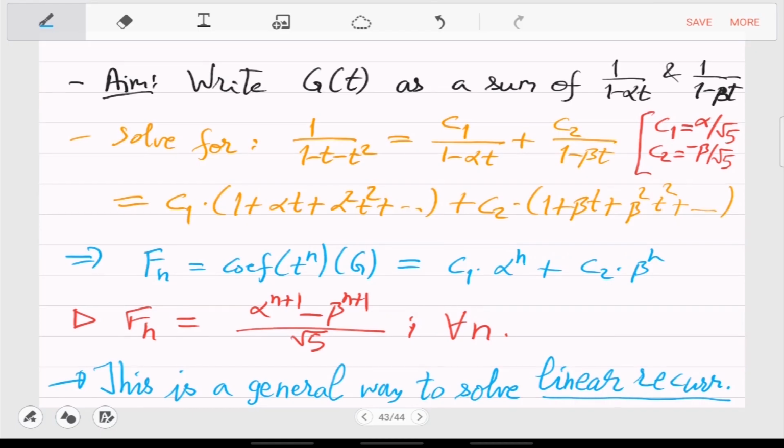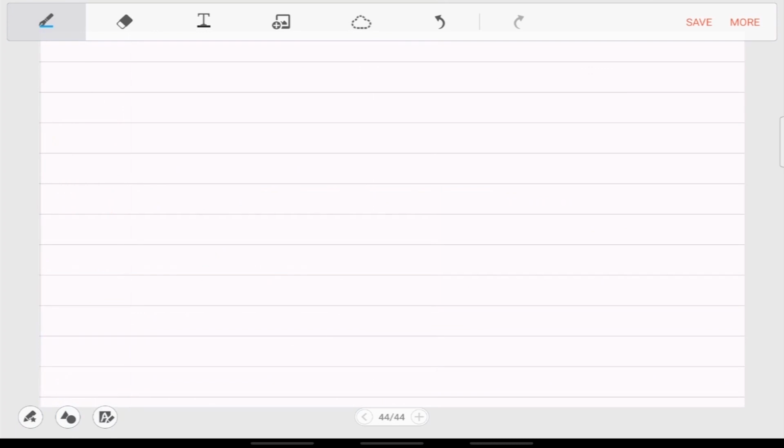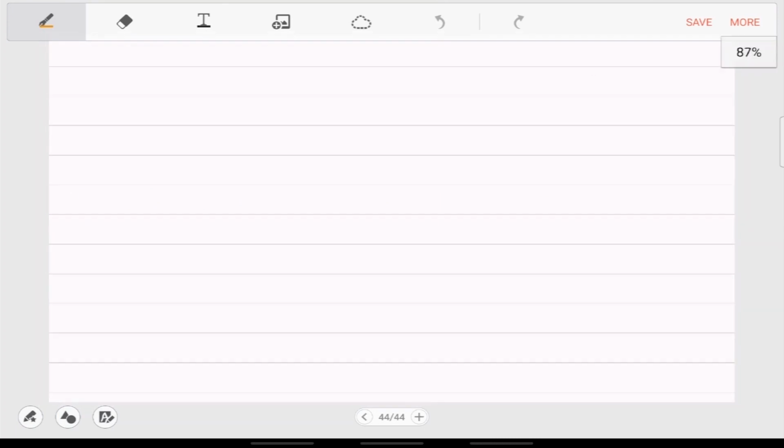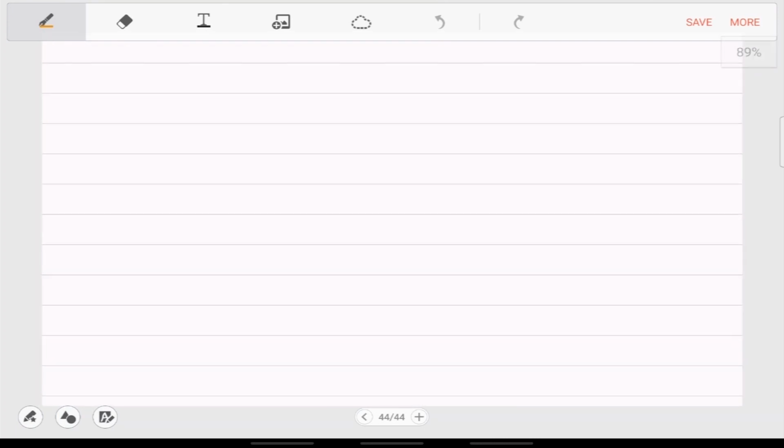So for example, your Sn can be a1 Sn minus 1, plus a2 Sn minus 2, up to ak Sn minus k.